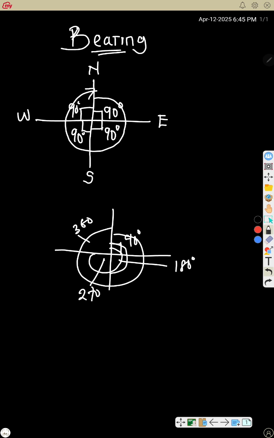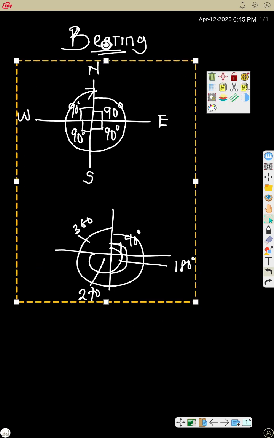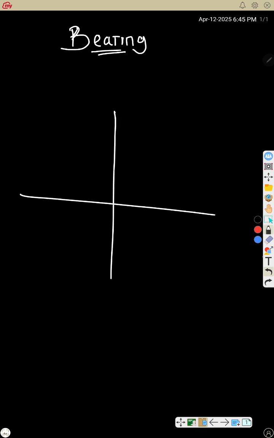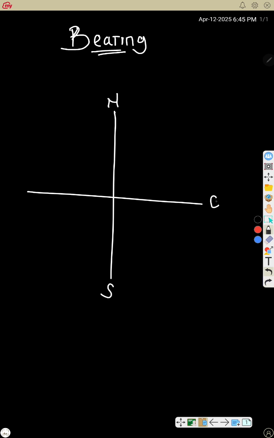So if I have a question in bearing, first you have to know how to locate direction in bearing. Bearing is actually direction. So how do you locate the direction in this cardinal: north, south, east, west?